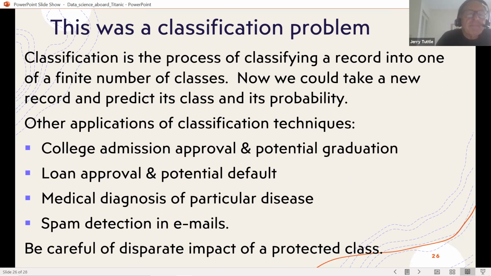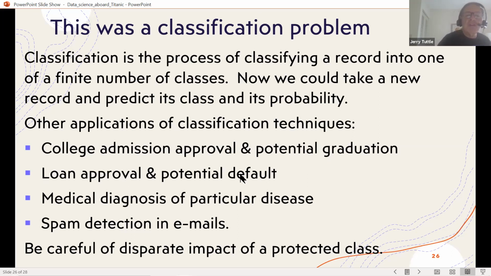You could come up with a database with a history of who was offered admission or who wasn't, who graduated and who wasn't. That would certainly make a fine classification problem. There may be reasons you might not want to do this, but you certainly could.